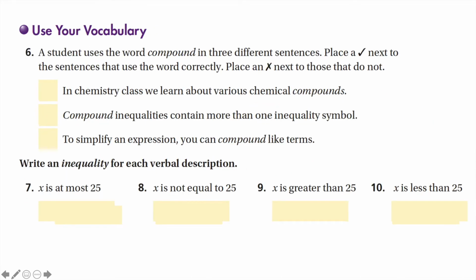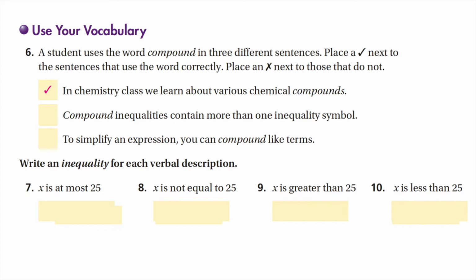A student uses the word compound in 3 different sentences. Can you place a check mark next to the sentences that use the word correctly and place an X next to those that do not? Well, in chemistry class, we learn about various chemical compounds. I don't know about any chemistry class that you've been in, but that sure sounds pretty accurate to me. Now, compound inequalities contain more than one inequality symbol.